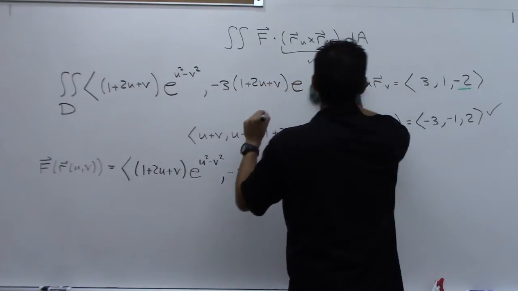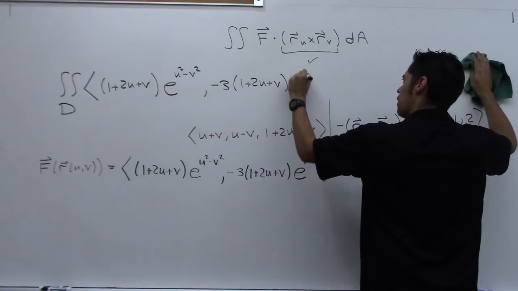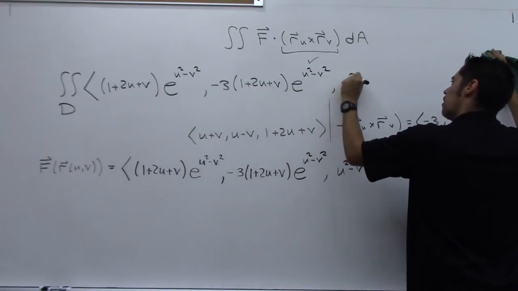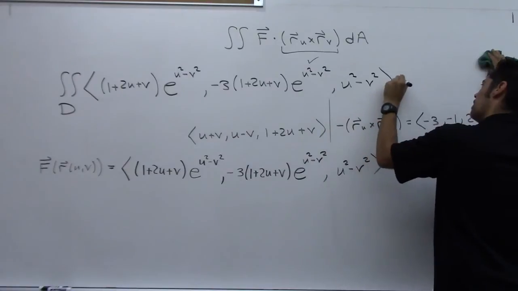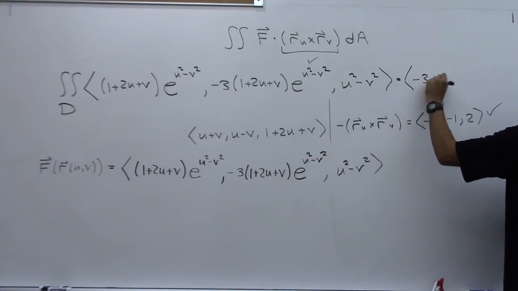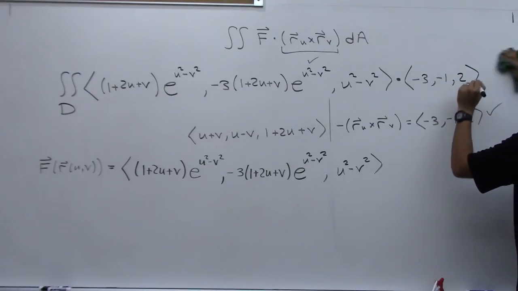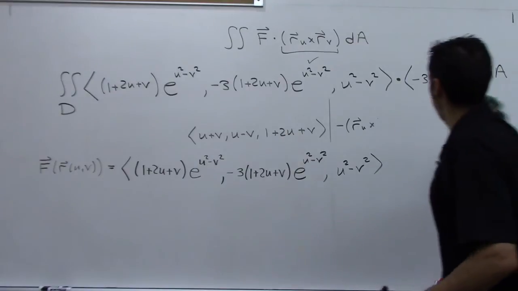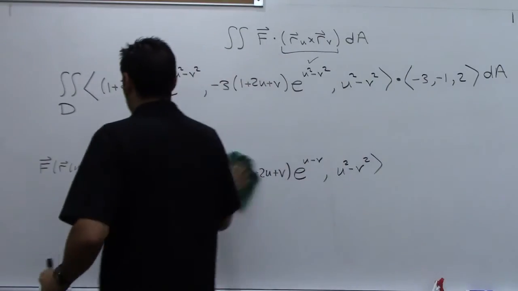Okay, getting there, and then u squared minus v squared. I want to dot that with this vector, which is -3, -1, 2, and then dA. And hopefully, if we're lucky, the way they made the problem, things are going to get nice here.